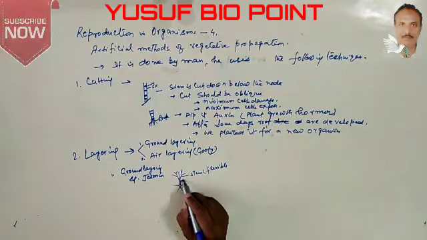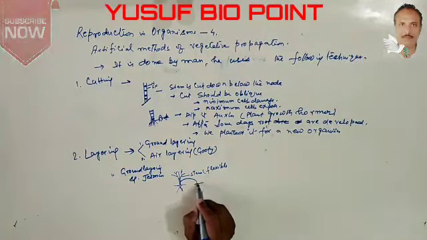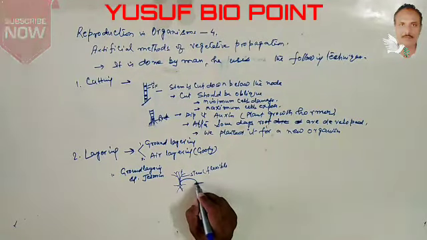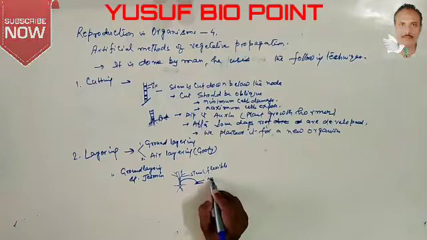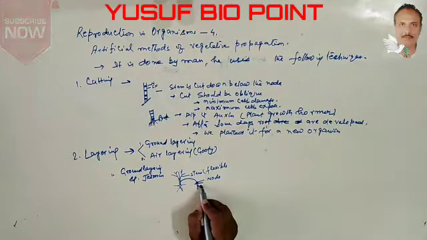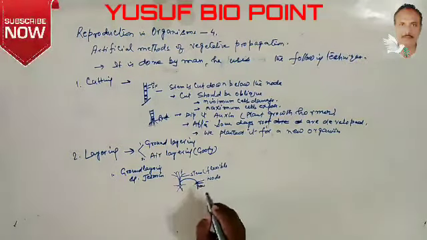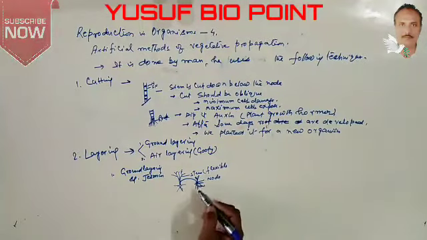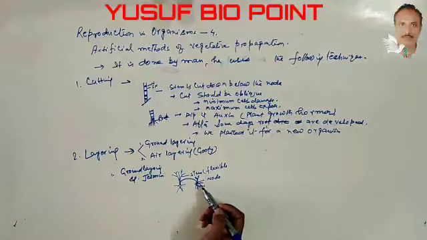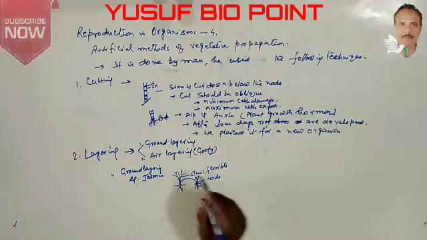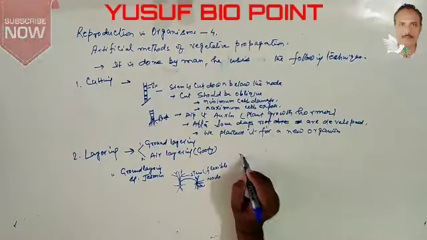So we bend it and attach it to the ground where the node is present. After some days, from the node, roots and leaves will develop, and that will give a new plant. So that is found in the jasmine.